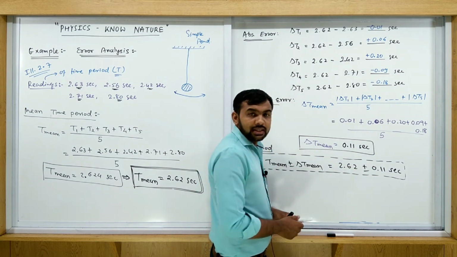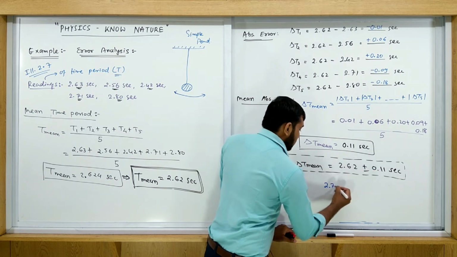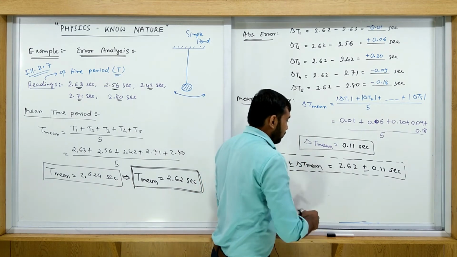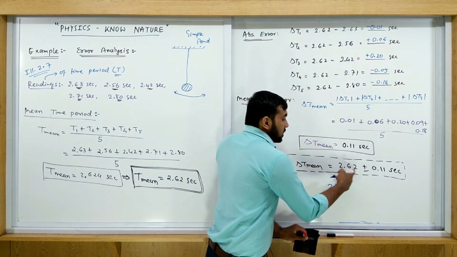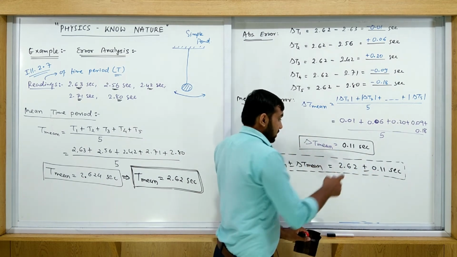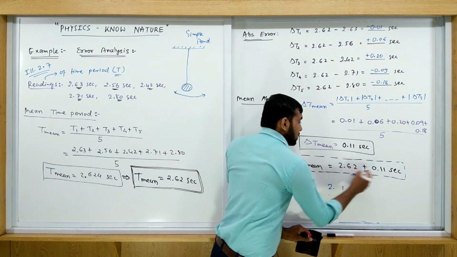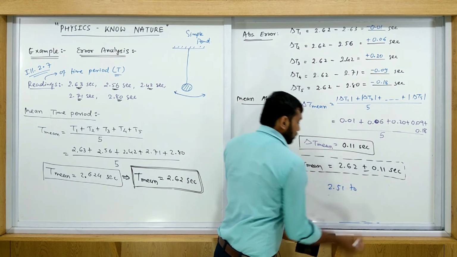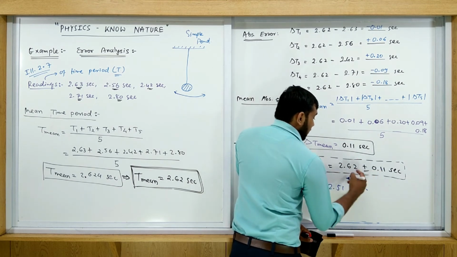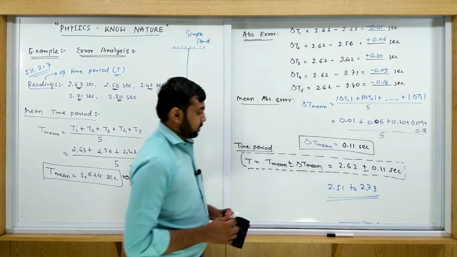The minimum value is 2.62 minus 0.11. What is 2.62 minus 0.11? 2 minus 1, 1; 6 minus 1, 5; so 2.51. Maximum value is 2.62 plus 0.11, so 2 plus 1, 3; 6 plus 1, 7. So this value varies between these two.